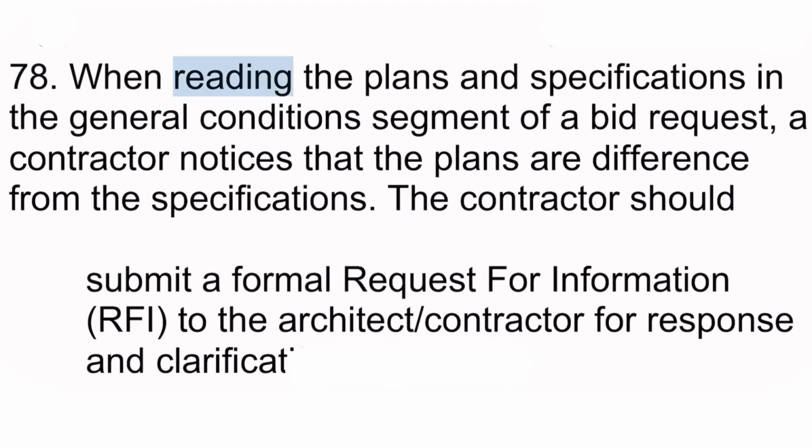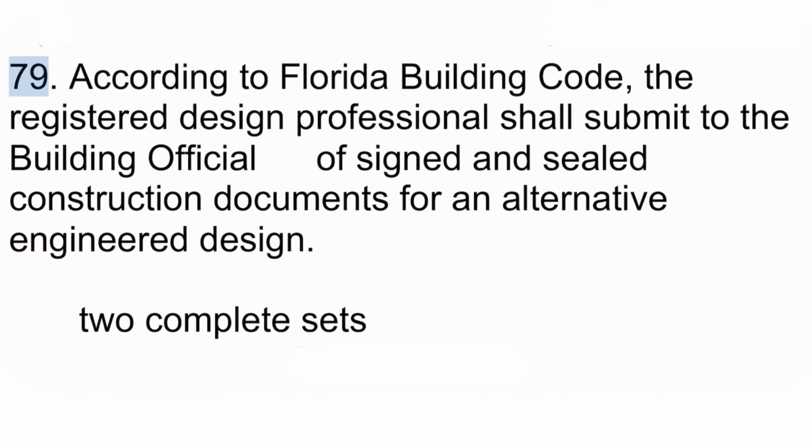78. When reading the plans and specifications in the General Conditions segment of a bid request, a contractor notices that the plans are different from the specifications. The contractor should submit a formal request for information (RFI) to the architect/contractor for response and clarification. 79.